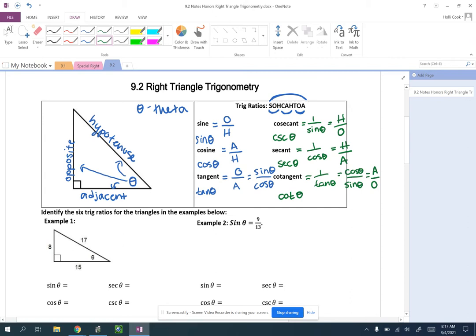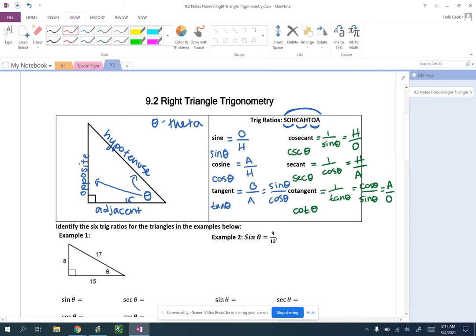Okay, now the way that I like to remember which one of these go with which is counting the C's. So first, tangent and cotangent, those obviously go together because they both have tangent in them. Now when you're looking at the short version for sine and cosecant, notice if you count the number of C's total, there's just 2 in cosecant.